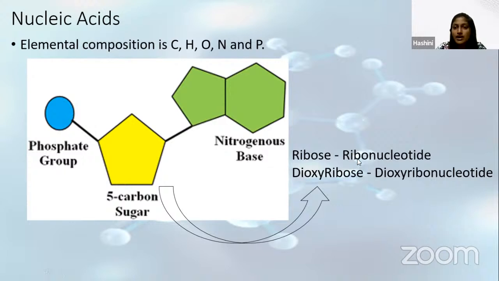So by polymerization of ribonucleotides, it will make ribonucleic acid, that means RNA, and the polymerization of deoxyribonucleotides creates deoxyribonucleic acid, or DNA, right?